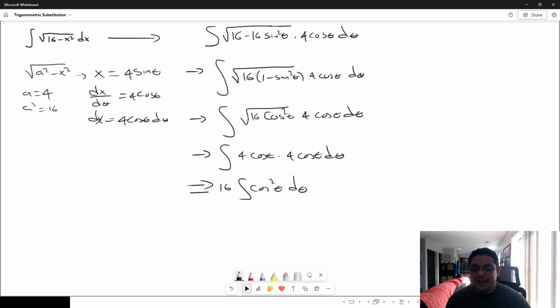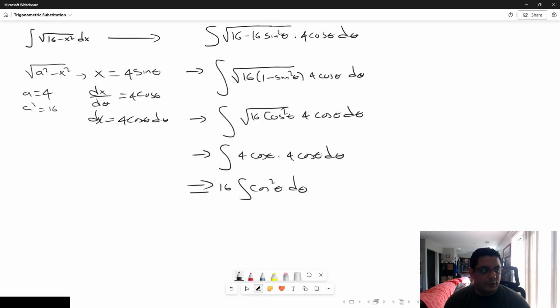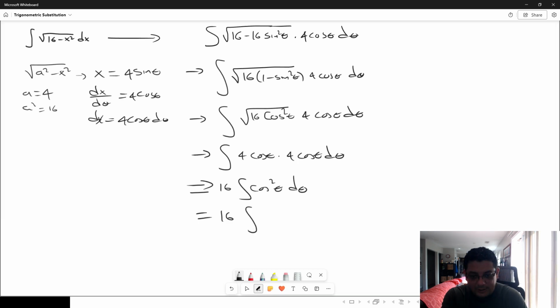This is one of those integrals where we can use identities to support ourselves. We use the double angle identity to transform cosine squared of theta into 1 plus cosine of 2 theta over 2. Now we can pull out this 2, we get an 8, and we're left with the integral of 1 plus cosine of 2 theta d theta.